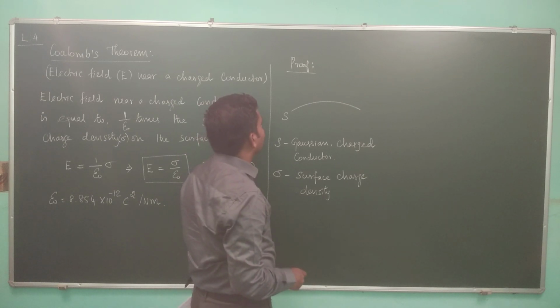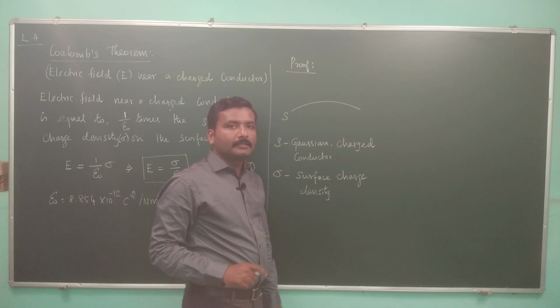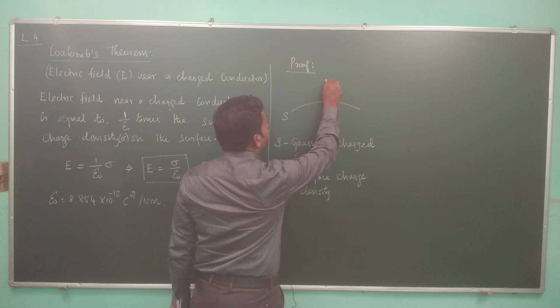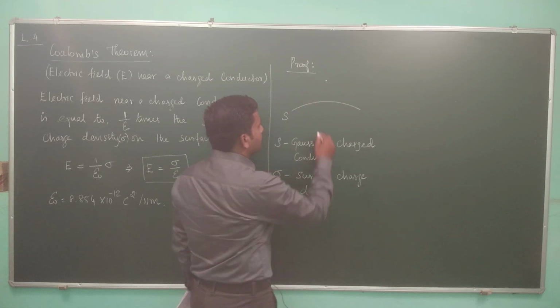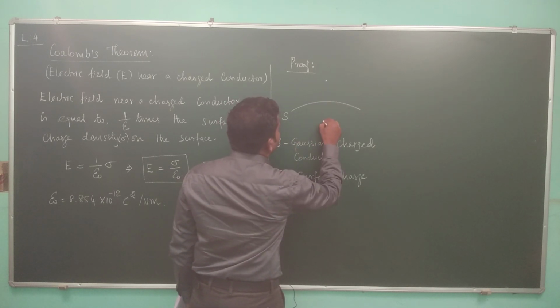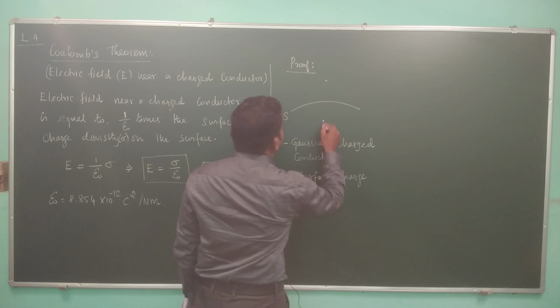Now let us consider two points from the surface: one point above the charged conductor and one point below it.